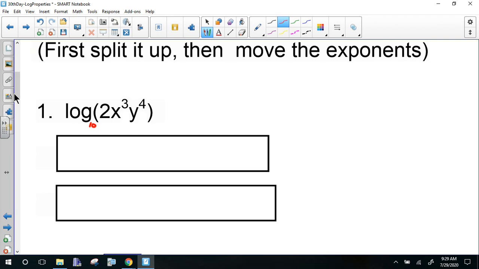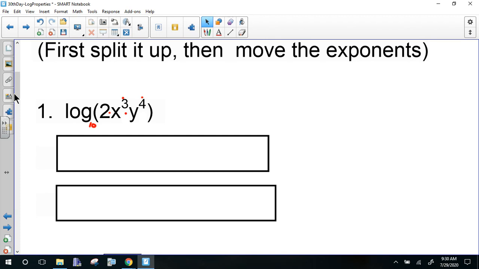So I've got some multiplication going on here, and I've got some exponents. I need to use my three properties to expand this logarithm. So remember, I can undo multiplication by adding, and I can get rid of the exponents by bringing them out front.